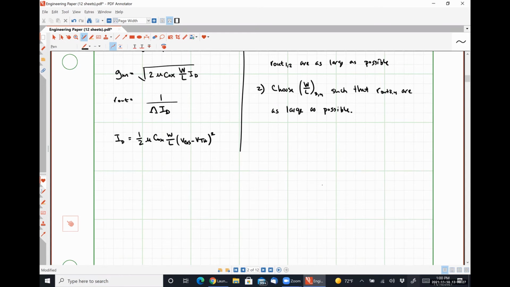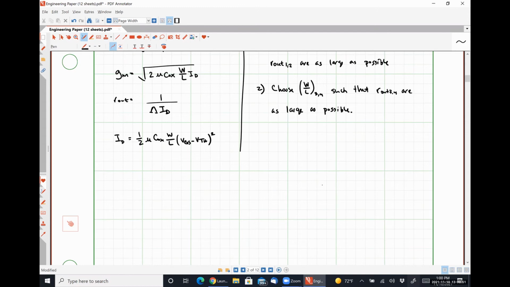So that means we need uppercase lambda to be what? As large as possible or as small as possible? As small as possible, right? So how do we make that value be as small as possible? We don't have any control over lambda per se, but we have a control over its effects, right?